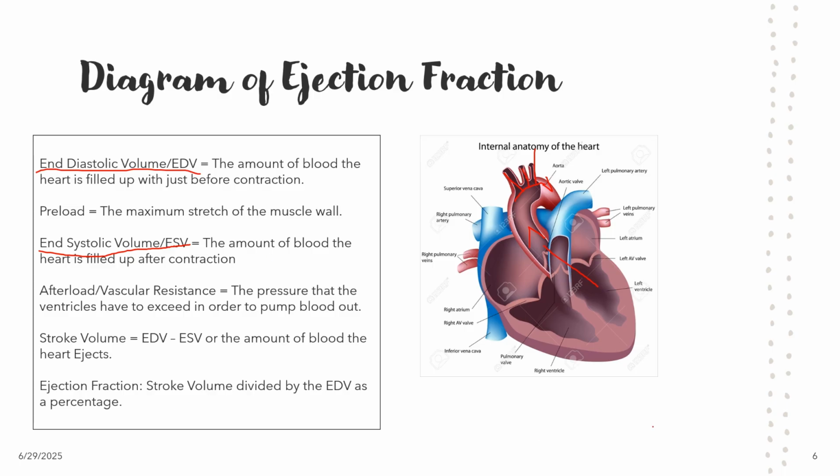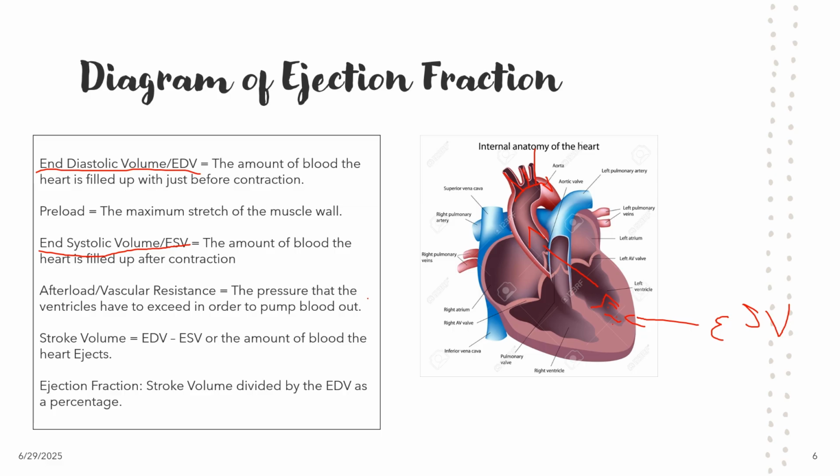After it ejects blood through the aorta to the rest of the body, the left ventricle is left with a certain amount of blood. This is important to know, as the heart does not eject all the blood in one fell swoop. It has some remaining. That's just its mechanism. That remaining blood is known as the end systolic volume, or ESV. Please don't mind the ugly handwriting. So basically, that's the amount of blood left in the heart after contraction.